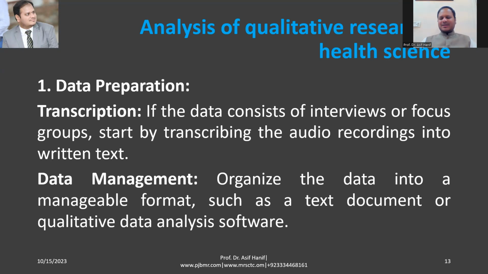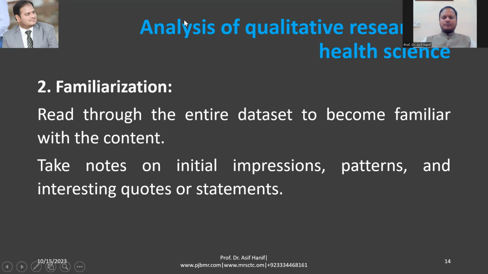So after the transcription, you need to manage your data. Anywhere you collect data, you need to manage it after transcription or after coding the data. Then familiarization is an important step, where we read through the entire data set to become familiar with the content. We usually make a mistake when we transcribe.